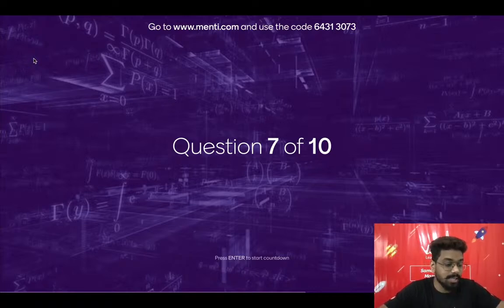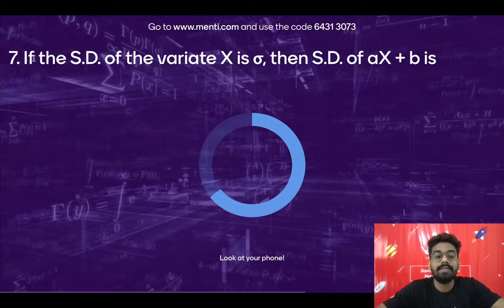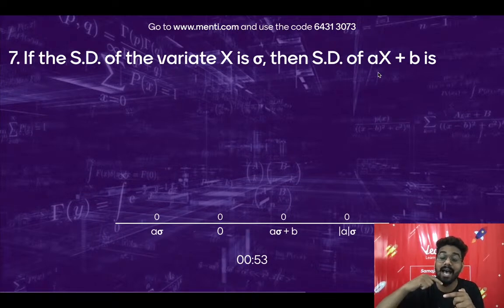Now question number 7, I'm going to start in 5, 4, 3, 2, 1. Time is up. Now let's start. If the standard deviation of the variate x is sigma, now the standard deviation of ax plus b: my x has been scaled by a, and then I shifted my origin.